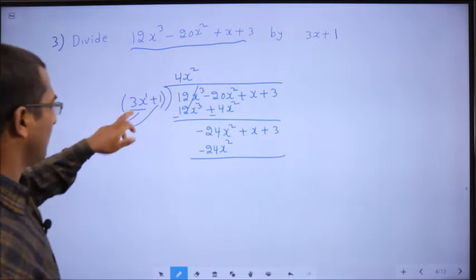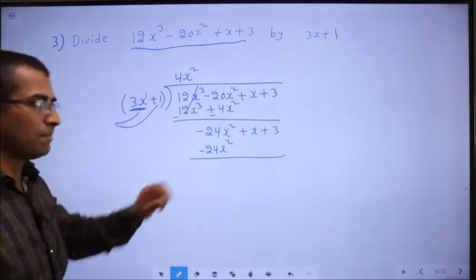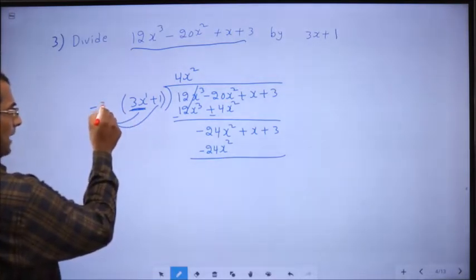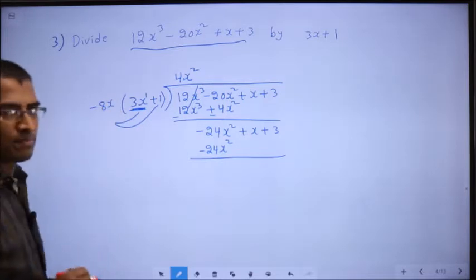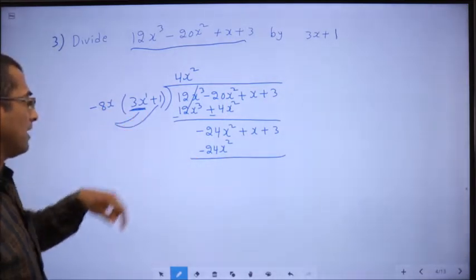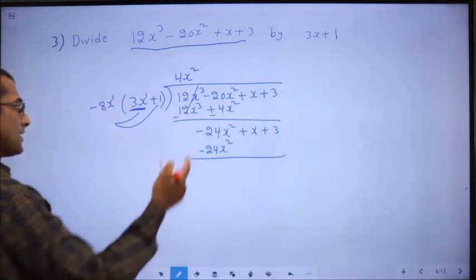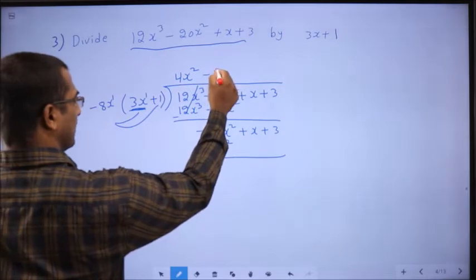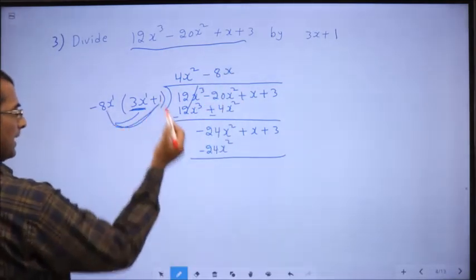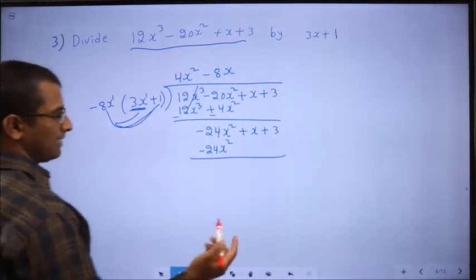So here I have 3x, this should be multiplied with what to get minus 24x square? This needs to be multiplied with minus 8x. So minus 8 into 3 is minus 24, x power 1 into x power 1 is x square. So your second term of the quotient is minus 8x. This also needs to be multiplied with 1. So minus 8x plus 1 is minus 8x.